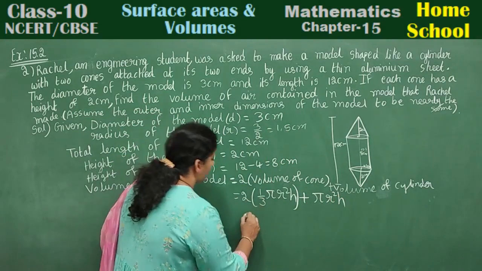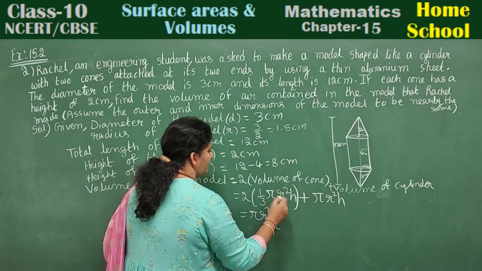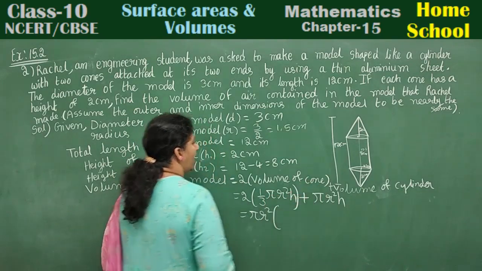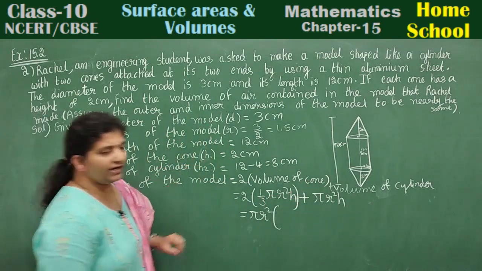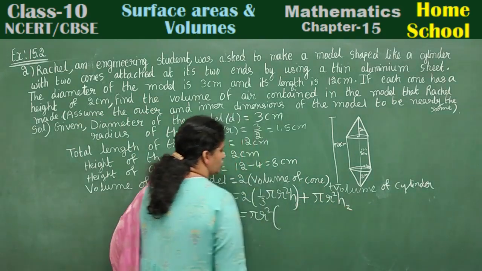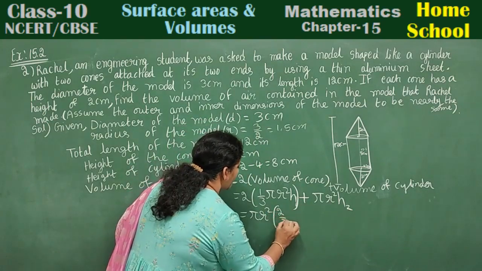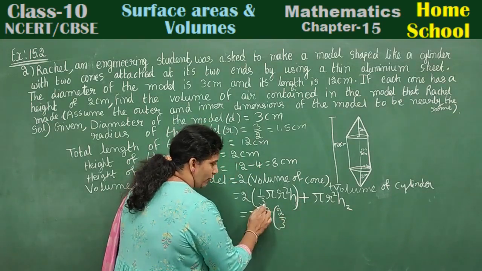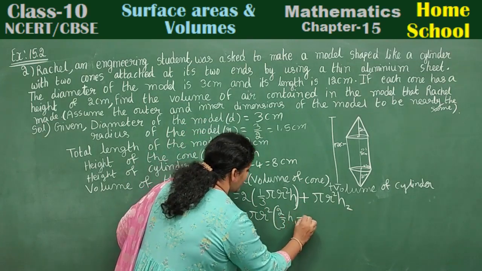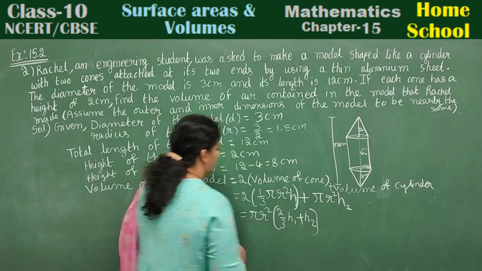So this 2 multiply inside and take out pi r square common. Cylinder and cone height are different, no? Cone height is h1, so this is h1 and this is h2. Pi r square if you take out common, in the first set you are left with 2 by 3 h1 plus, and here h2.